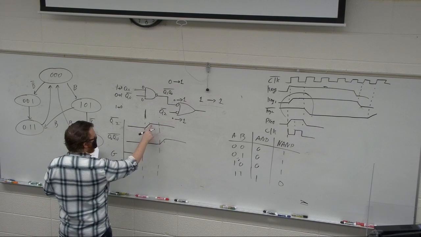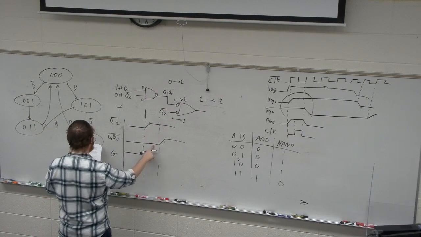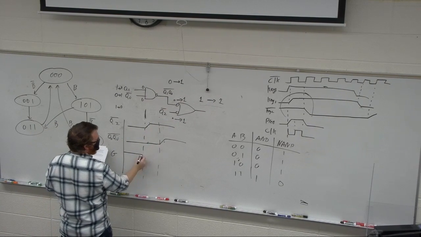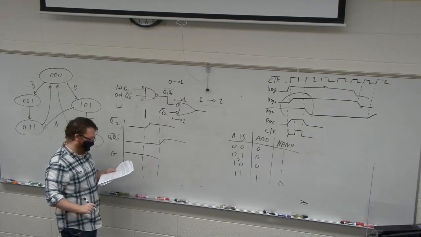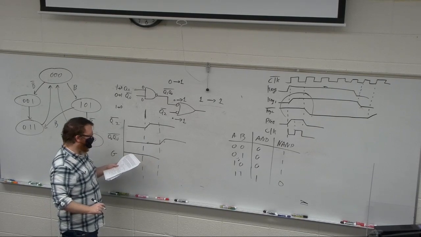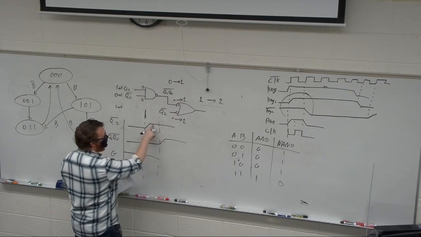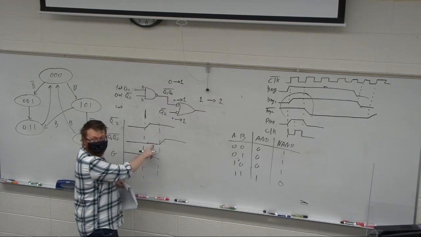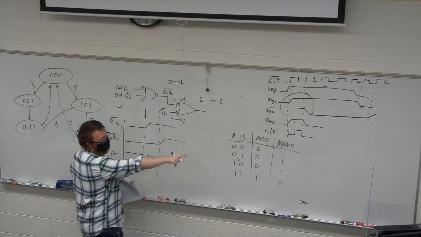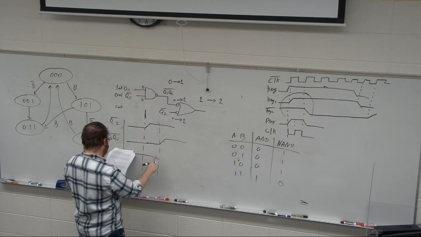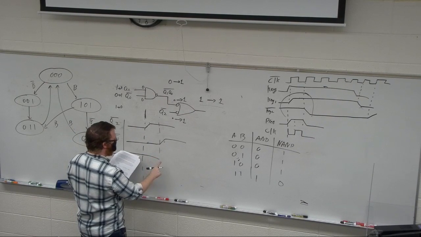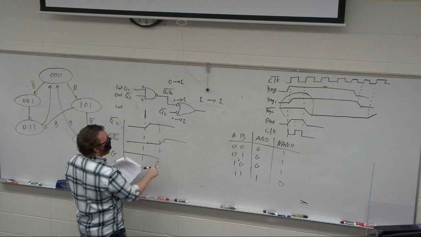Here, 0, 1, 0, but we just see that happen here, so we need to wait a delay, right? And then we can evaluate what is 1 and 0 in our NAND gate. 1 and 0 is 1, which is why I'm going crazy.